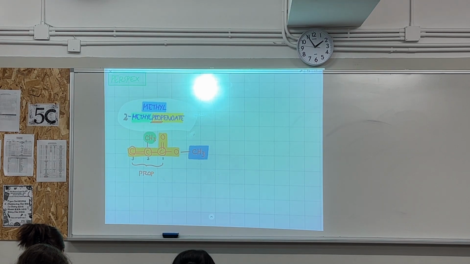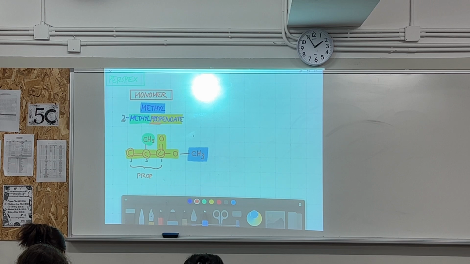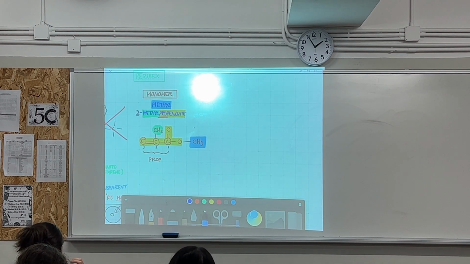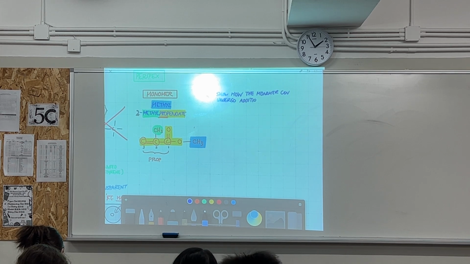My question is, given that this is the monomer that forms perspex, show how the monomer shown on the left can undergo addition polymerization to form perspex.